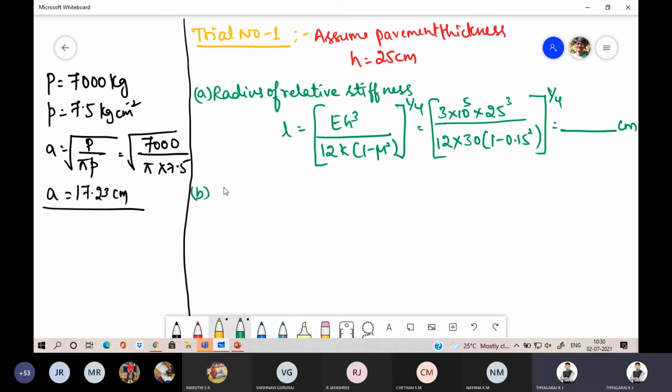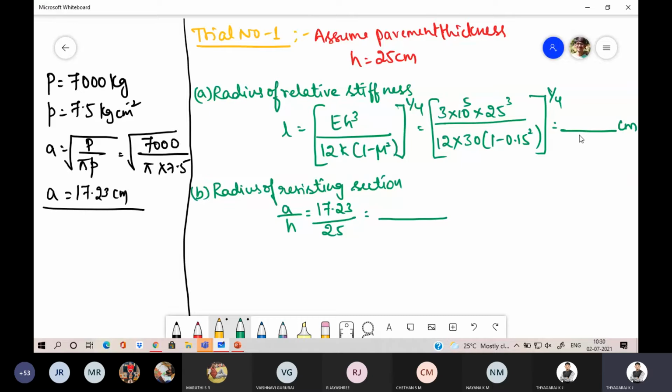Then b is the radius of resisting section. First we have to calculate a by h. a is 17.23 divided by 25. How much is the L value? 60.41. And the a by h value is 0.69, which is less than 1.724.